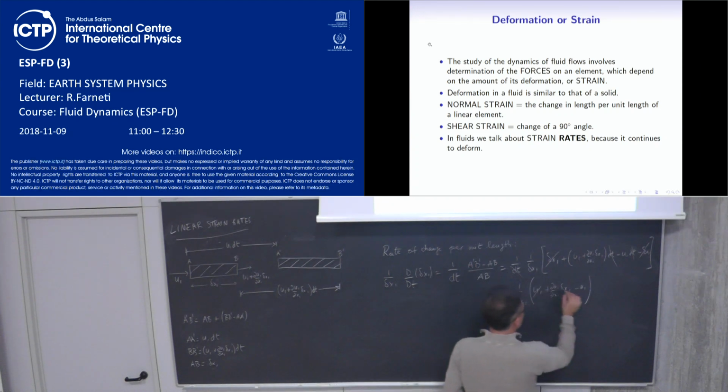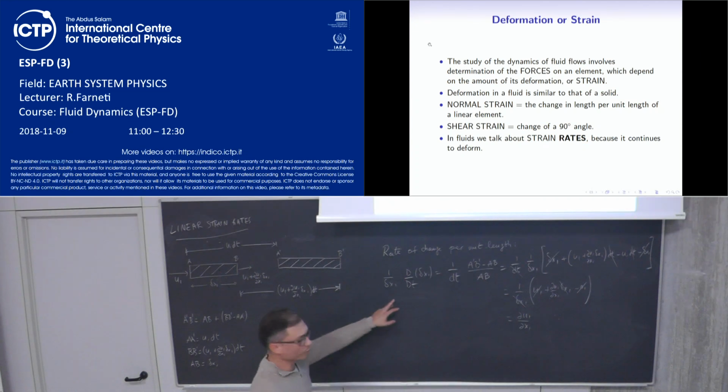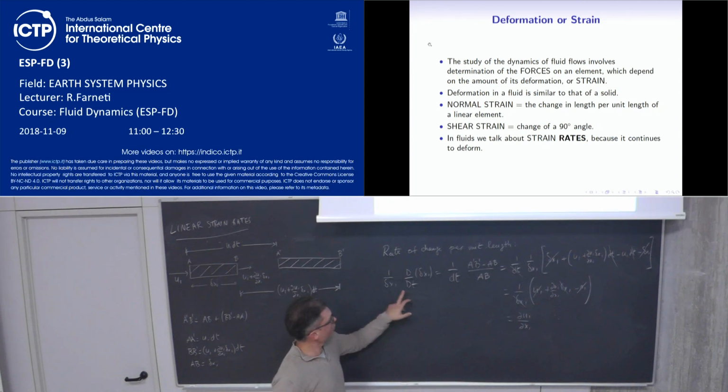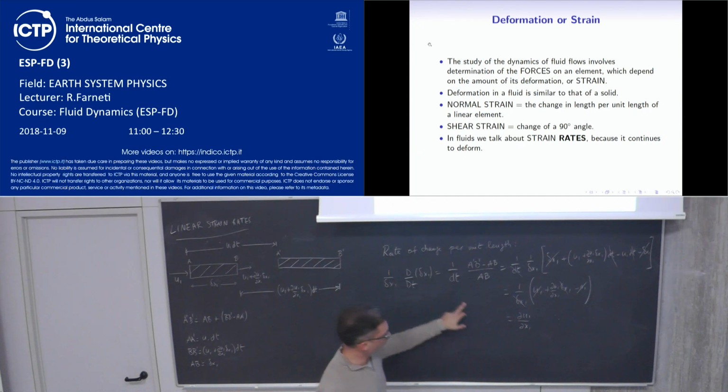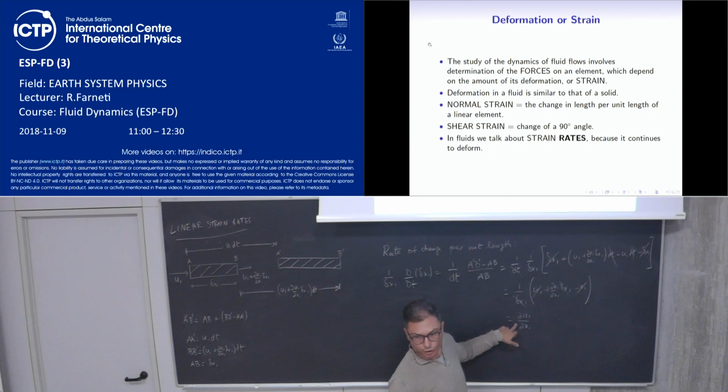Okay, and this goes away with this, and this goes away with this. So what are we left with? This. Okay, so the rate of change per unit length of my element is equal to the rate of change of U in X. Makes sense, right?